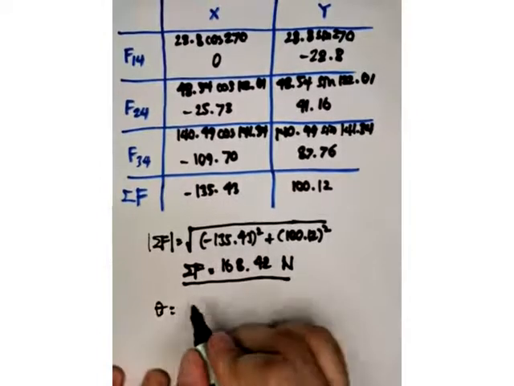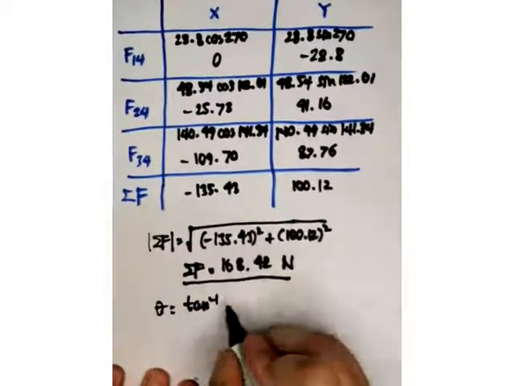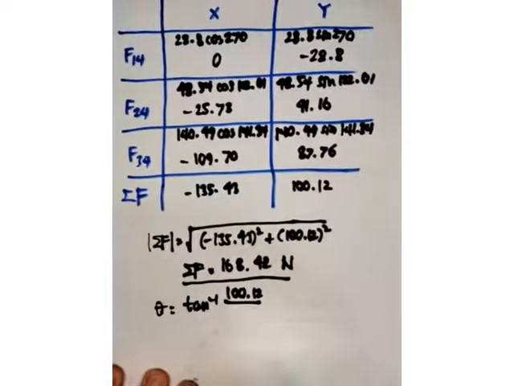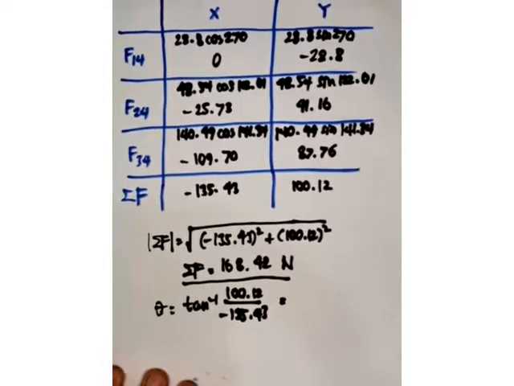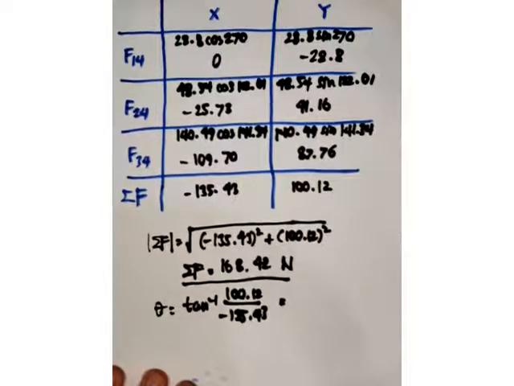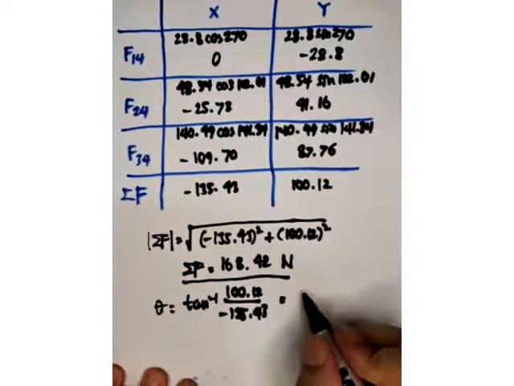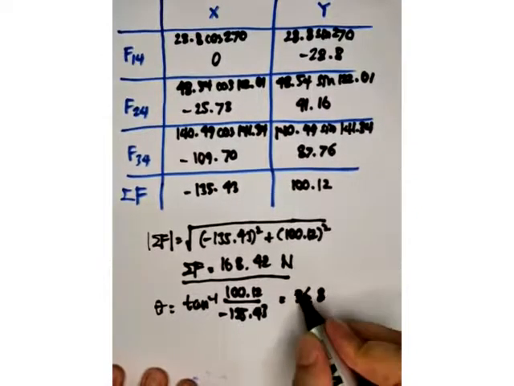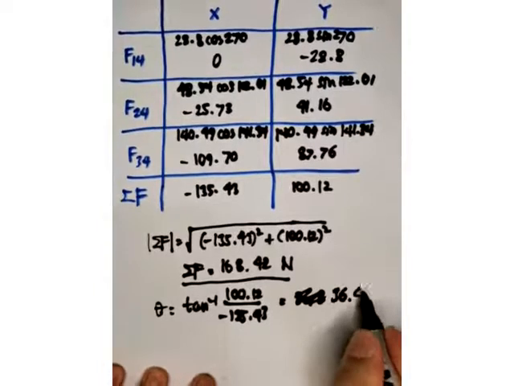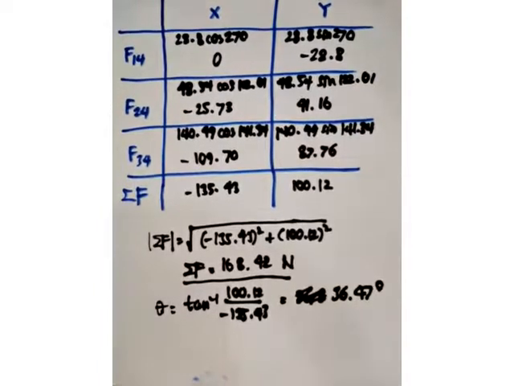And then yung direction niya, so that's arc tangent of y, that's 100.12 all over negative 135.43. So arc tangent of 100.12 divided by 135.43. That's 36.80. Sorry. 36.47 degrees.